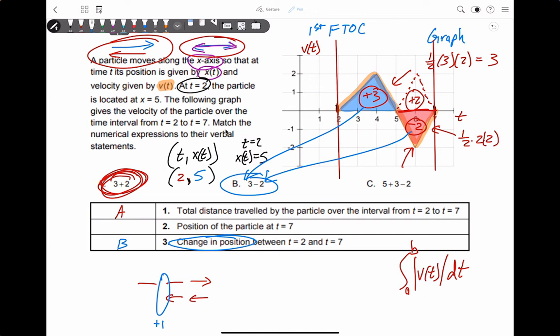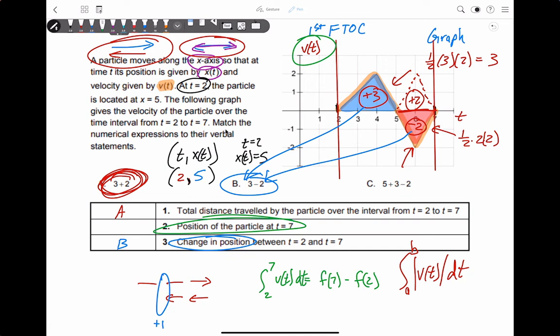And last but not least, over here with the position, we're looking at what is the particular position at 7. Okay, so I know I have a time of 2, I have a time of 7. I'm looking at a velocity graph that was given to me over here in this picture. So we're doing the integral of v of t dt is equal to f of 7 minus f of 2.